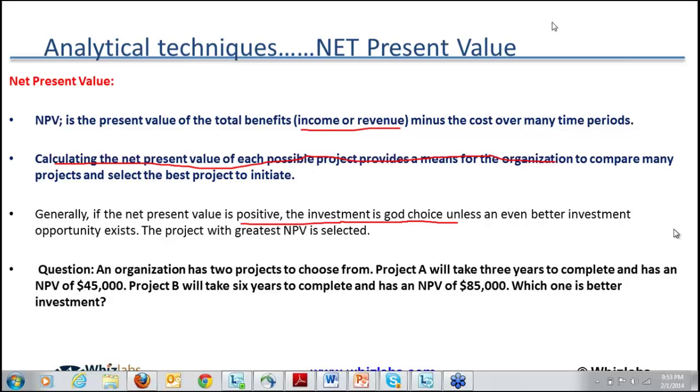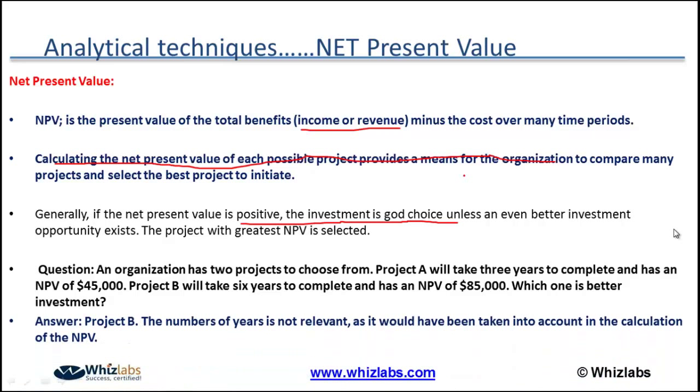So the correct answer is project B. The number of years is not relevant here because in net present value you have already considered the number of years. Let me give you another example in my next slide to understand why project B is the better option.